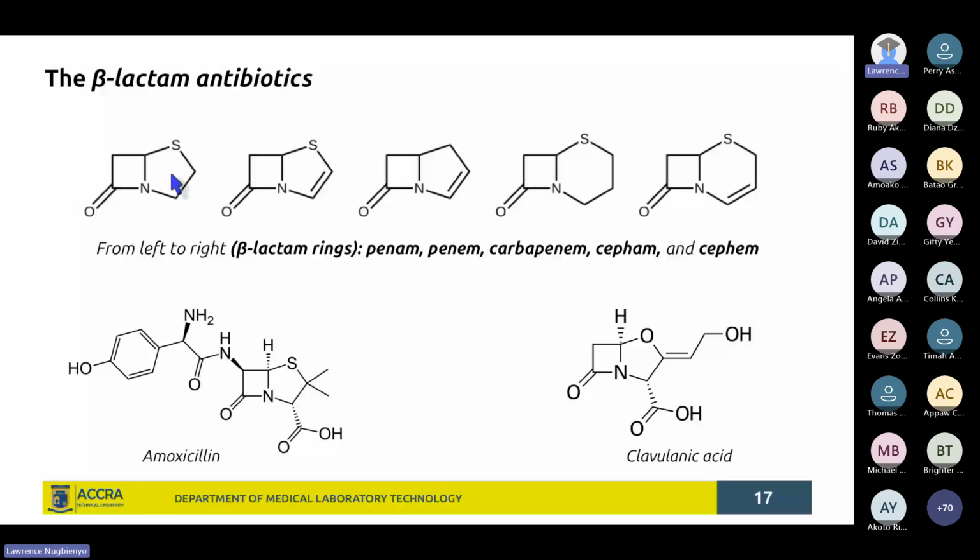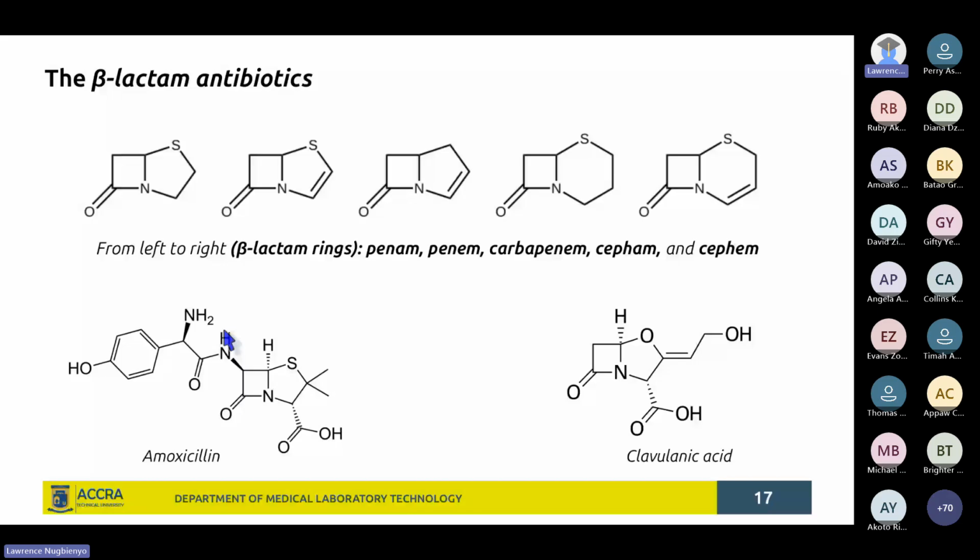Amoxiclav is what you find on the market, I think, because the bacteria are able to develop resistance to these antibiotics by the production of the enzyme lactamase. So the lactamase does break down these antibiotics.